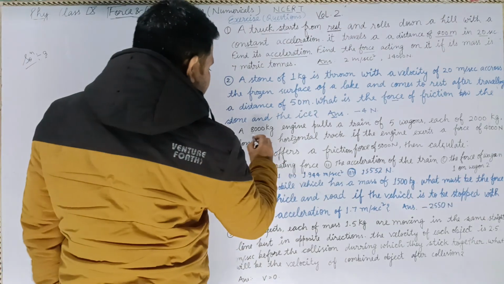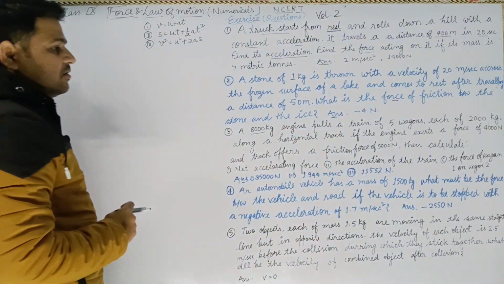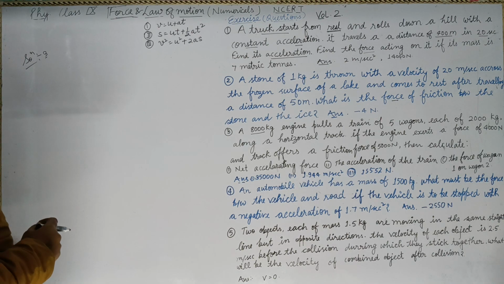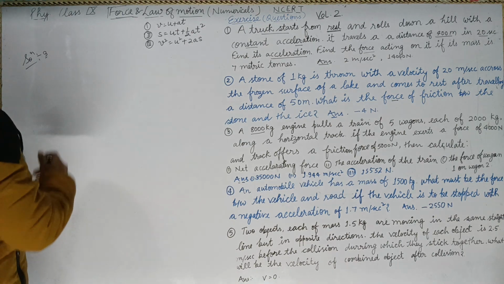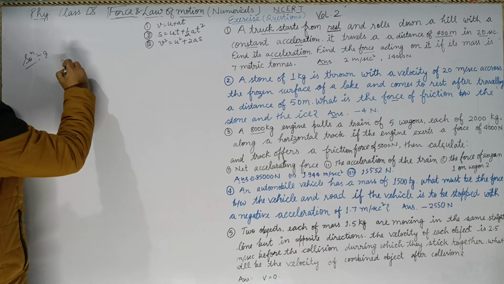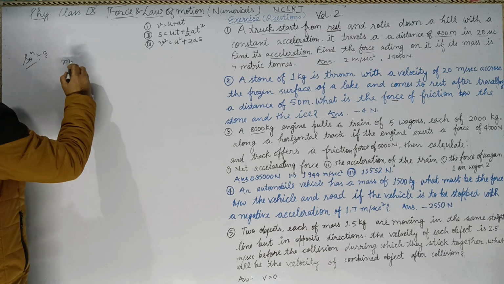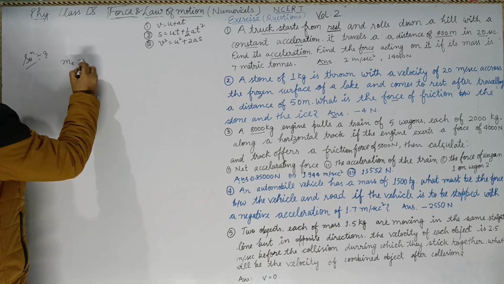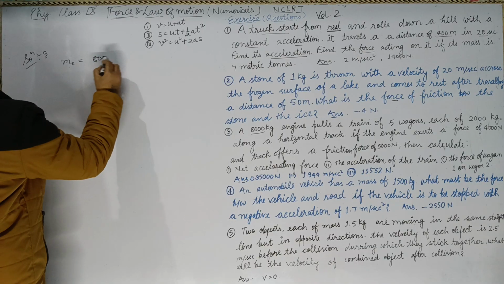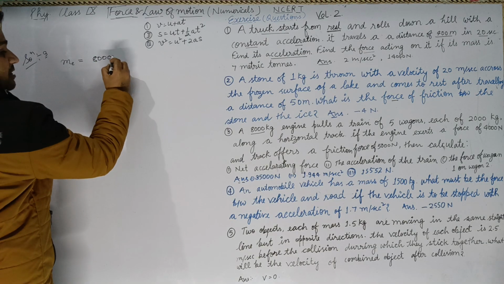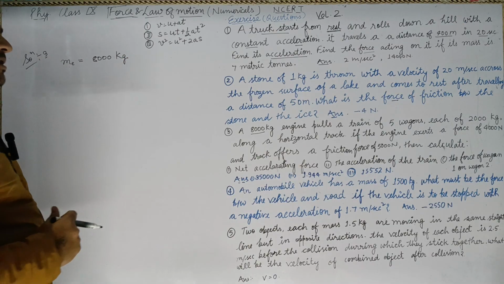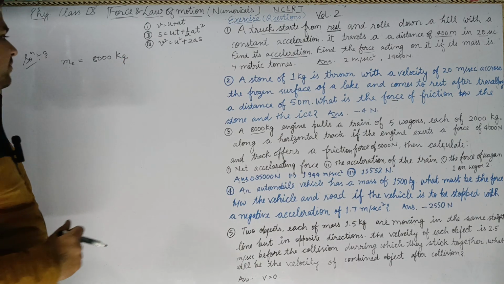An 8000 kilogram engine pulls a train of 5 wagons, each of 2000 kilograms. The mass of the engine is given: mass of engine E equals 8000 kilogram. It pulls a train of 5 wagons.